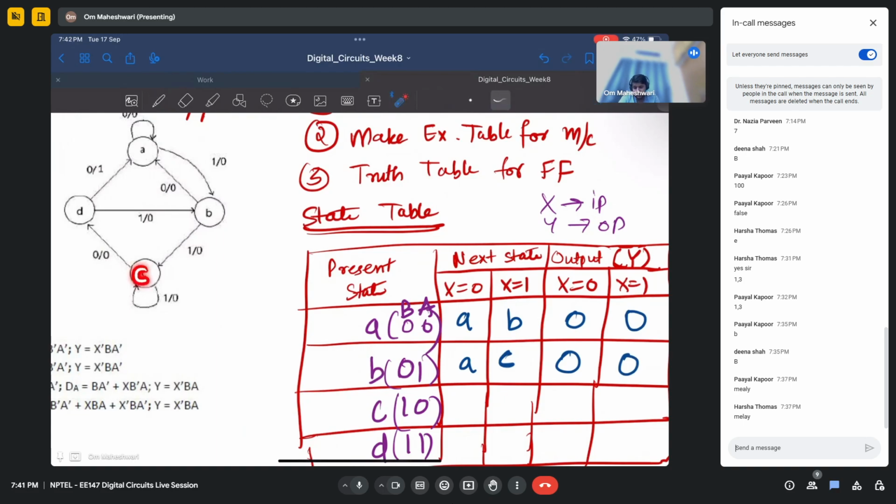Now present state is C, input is 0. If input is 0, you go to D, output is still 0. If input is 1, the next state is also C, output is still 0.